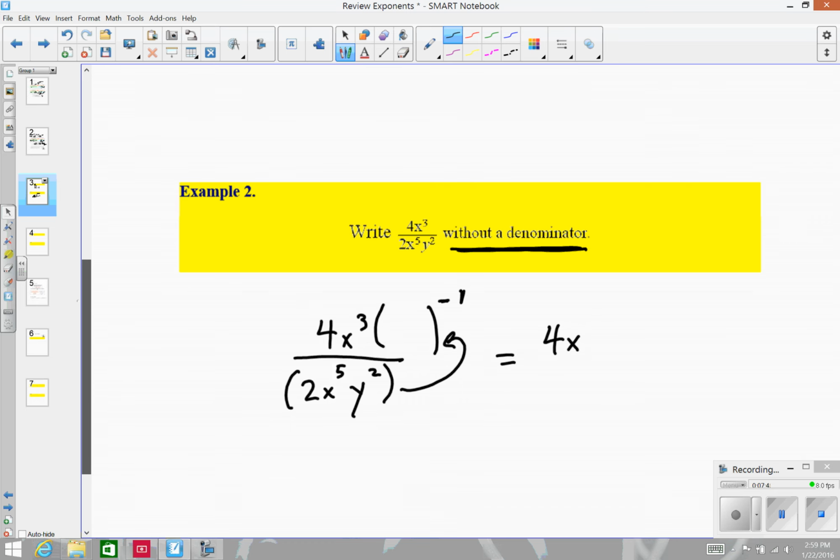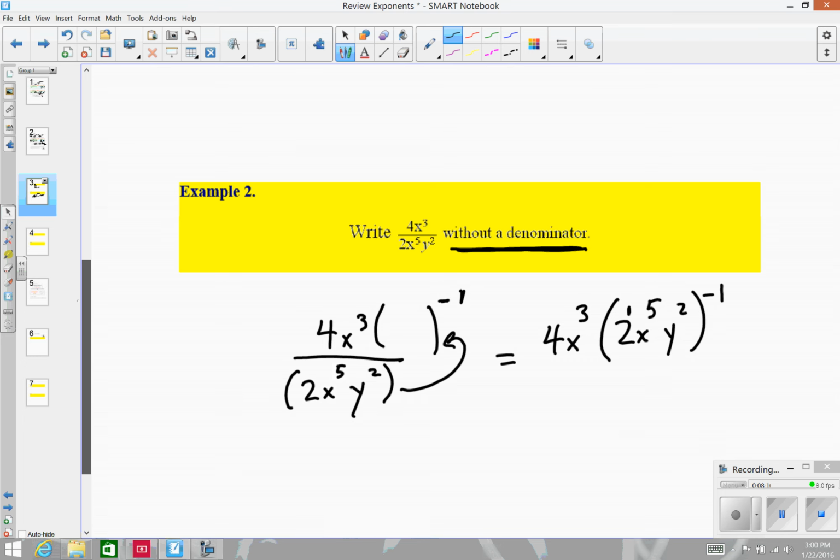I'm still going to keep my 4x to the third, and now I'm taking 2x to the 5th, y squared, raising all of that to the negative 1 power. Now I'm multiplying some things here with an exponent, raising them to another exponent, and some things don't show an exponent, so really I know that that is understood to be an exponent of 1.